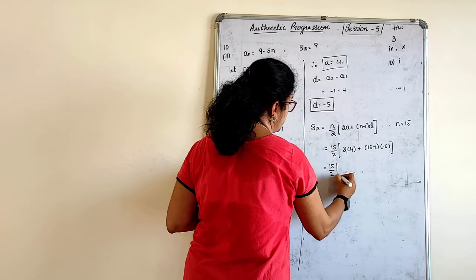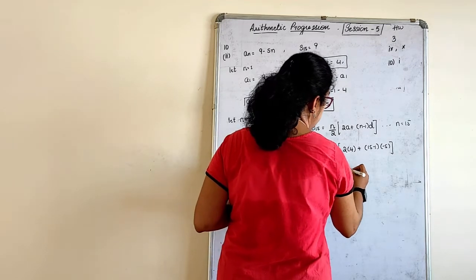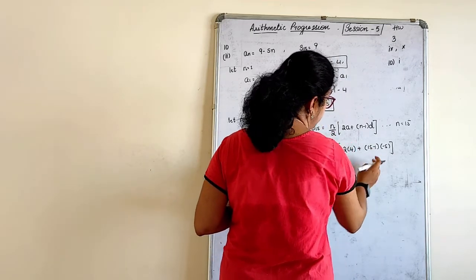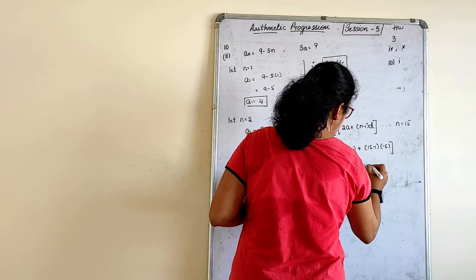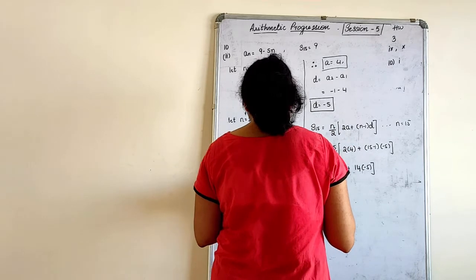15 by 2, 8 plus (15 minus 1) is 14 into minus 5.